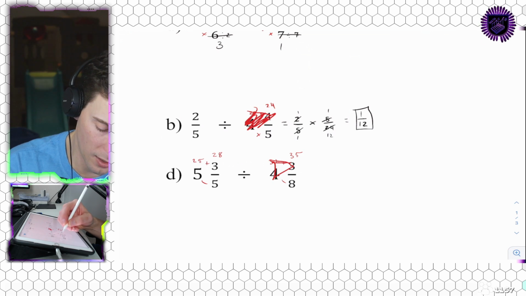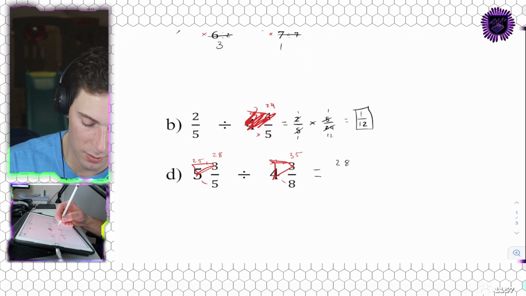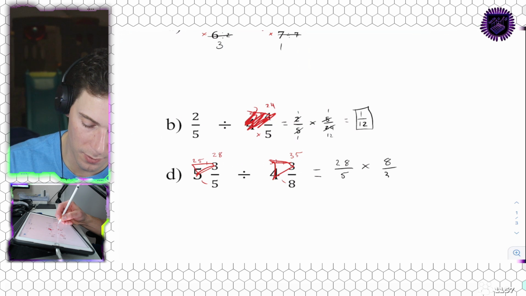We don't need that or that anymore. Let's use our black marker here. This is going to be, keep 28 over 5, change to multiplication, by 8 over 35.